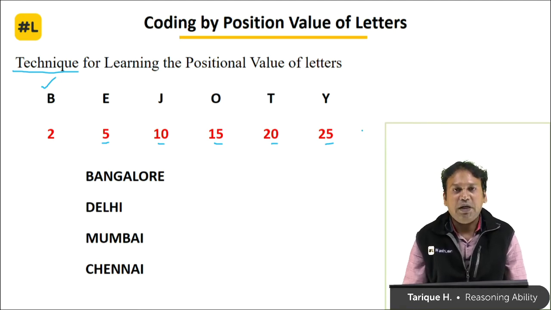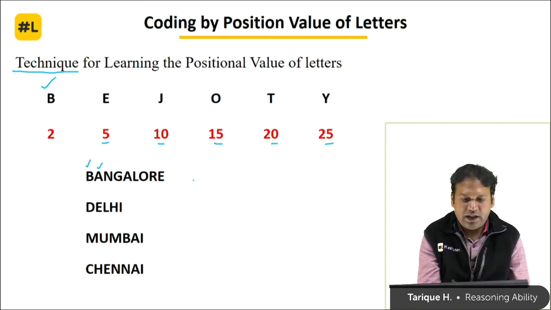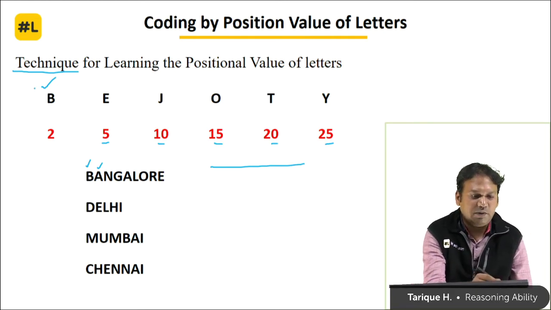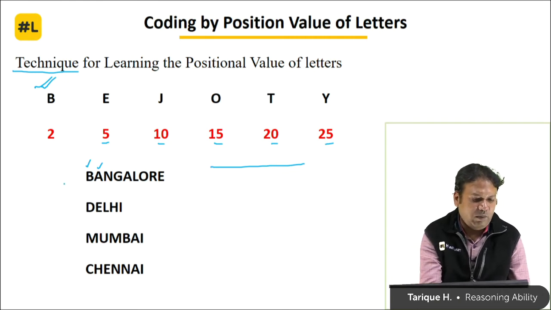Try and do the coding. What you have to do is write down the positional value, what is B, what is A, for each of these words, without looking at the table, without writing down A to Z, just by using the concept of EJOTY, B is 2, E is 5, J is 10, O is 15, T is 20, Y is 25.